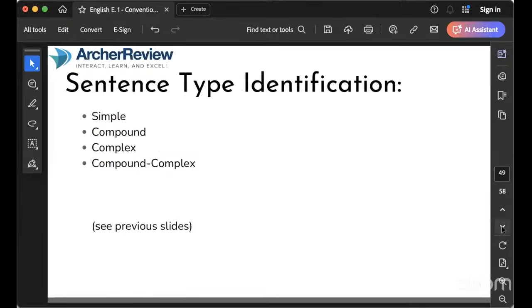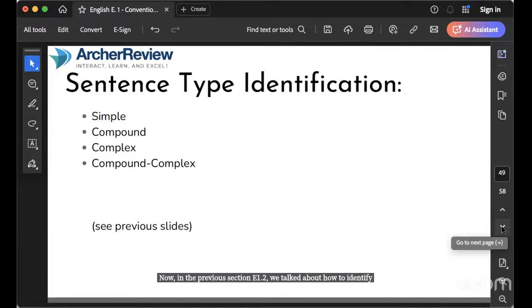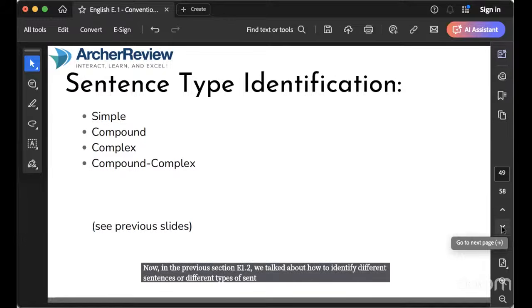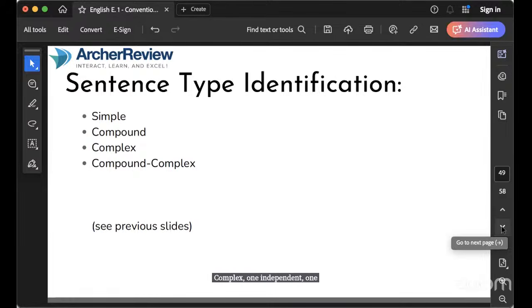Now, in the previous section, 1.2, we talked about how to identify different types of sentences. Simple, one independent clause. Compound, two independent clauses. Complex, one independent, one dependent in either order. Compound-complex, two independent and at least one dependent.